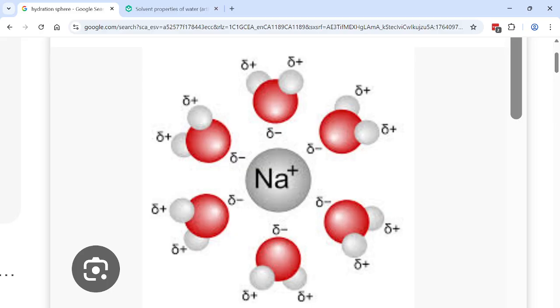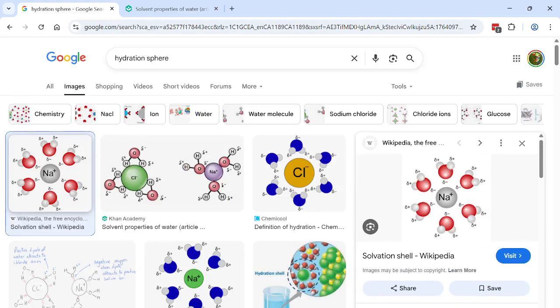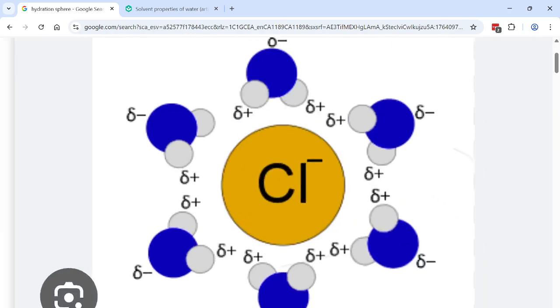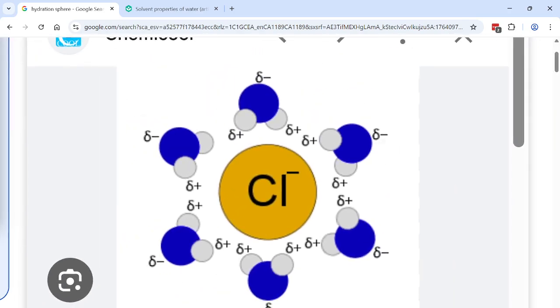All the little positive ends go towards the negative ion, and all the little negative ends go towards the positive ion. These are intermolecular forces. That is less strong than whatever you're getting in that hexa aquo thing, but don't worry about that. Just know that it exists and know that it is a source of hydrogen. Yes? Okay.